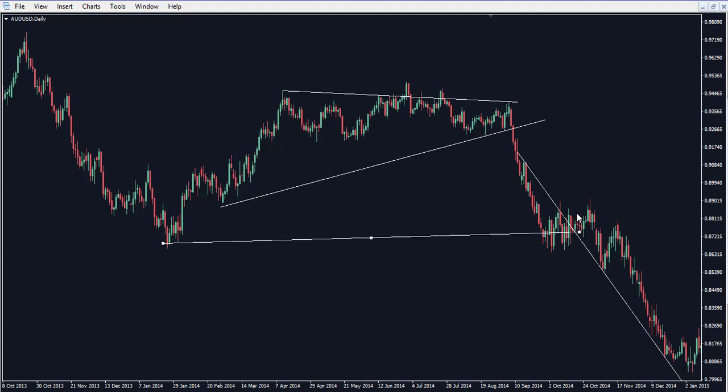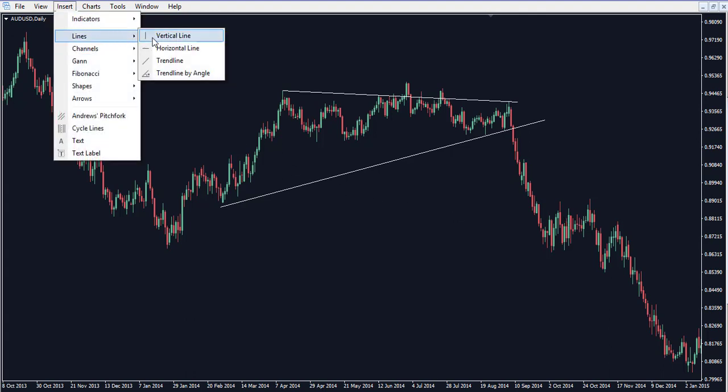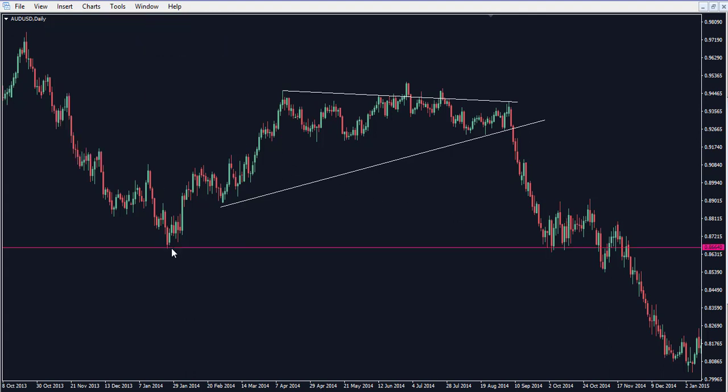As you can see here, there was a big resistance point. Let's say this one. Horizontal. Okay. I think this is where you can put your take profit, but think right above about there.